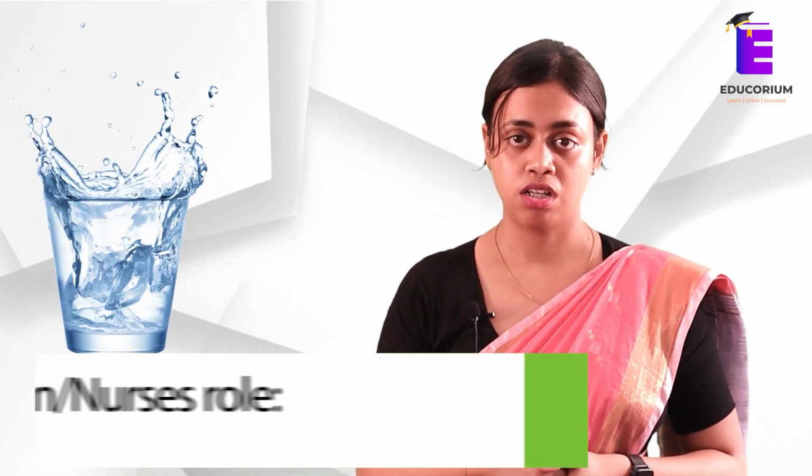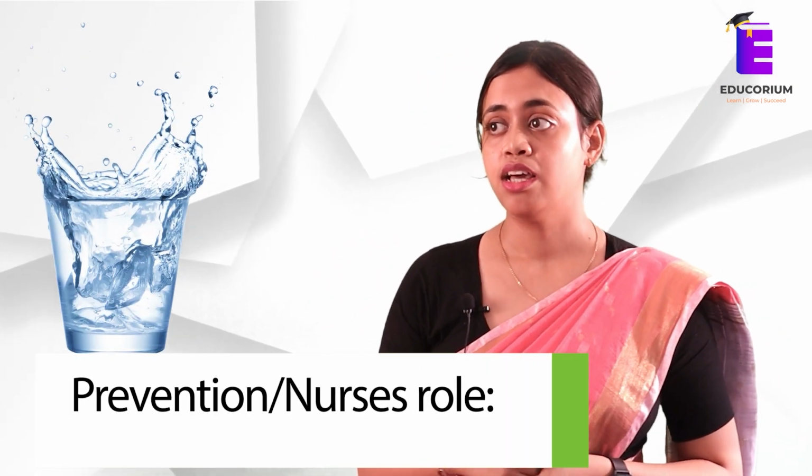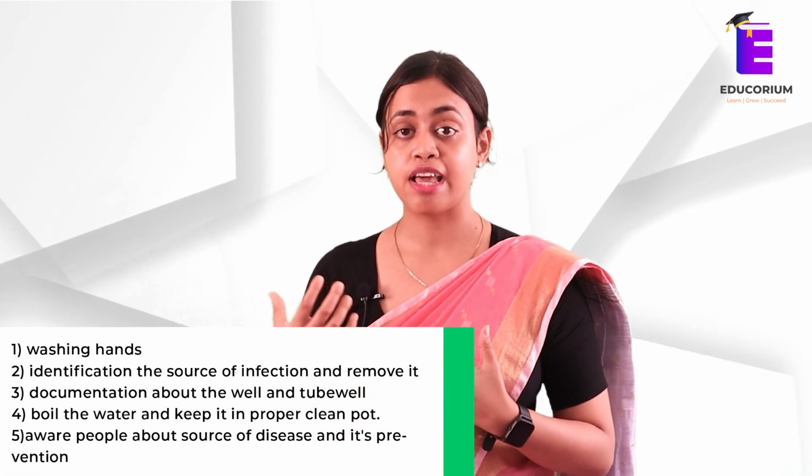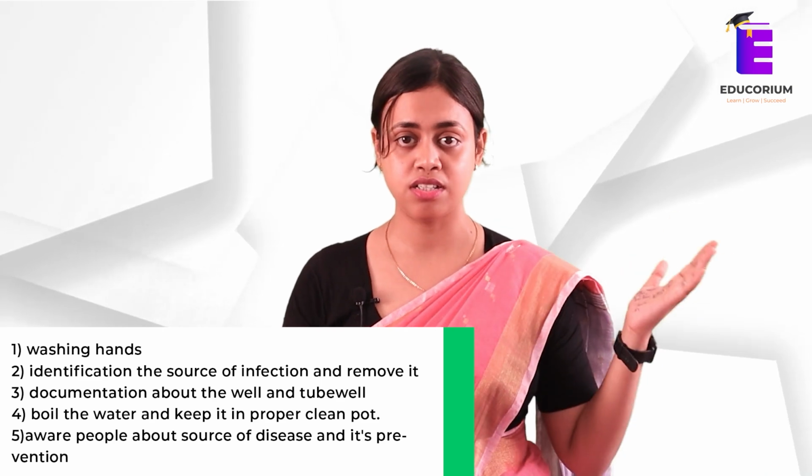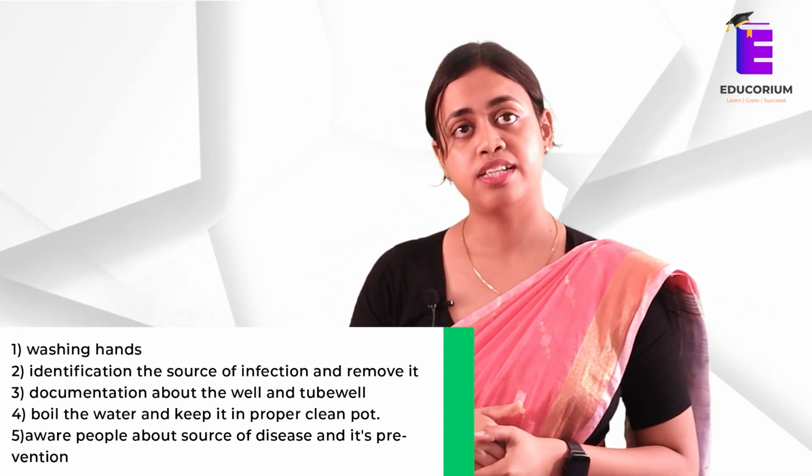Now we need to know about the prevention of waterborne diseases. Some of the preventive measures are taking wholesome water or safe water. The characteristics of safe water I have already discussed.